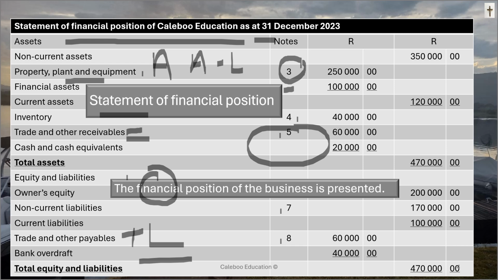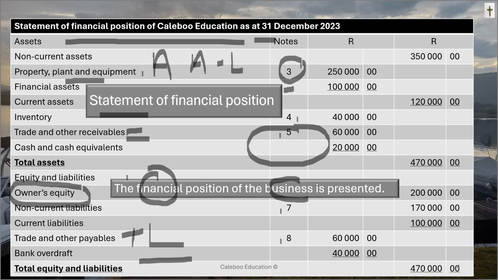Now the profit from the financial result of the business, in this case here, in the previous slide it was 200,000, would be shown in owner's equity in a note.